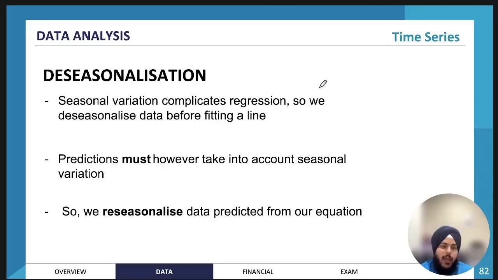There is a formula in your summary book for this, which you will be using all the time. The deseasonalized value is equal to the actual figure over the seasonal index.